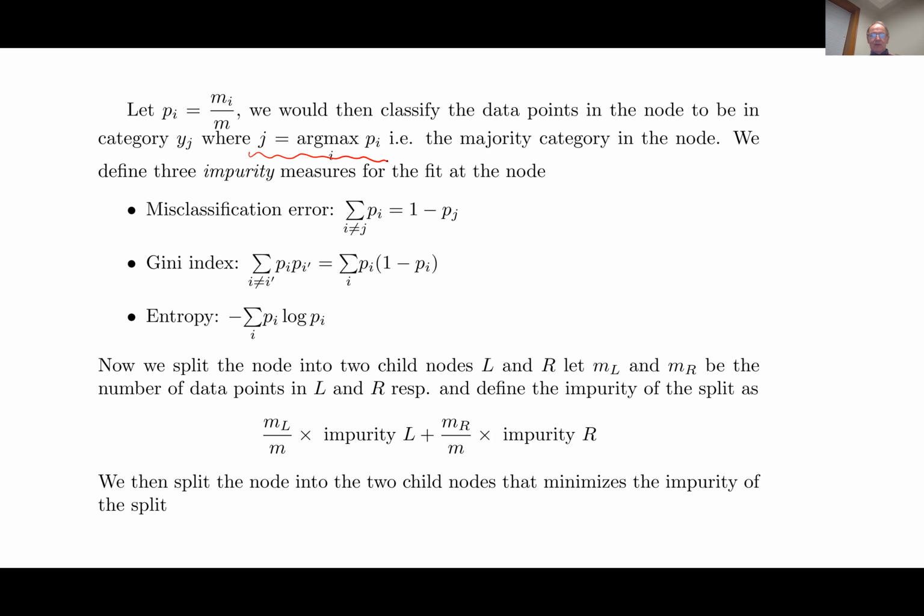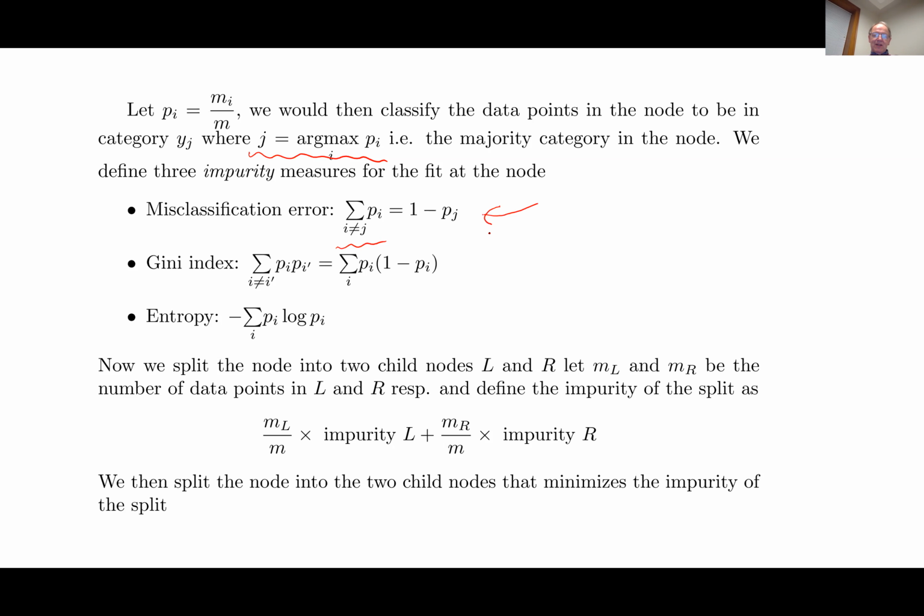We can look at what's called the misclassification error. That is the sum of these Pi for the i's different from j, where j was the most common category. So that's 1 minus Pj, because of course all the P's sum up to 1, since the sum of the Mi is equal to M. This is one measure.